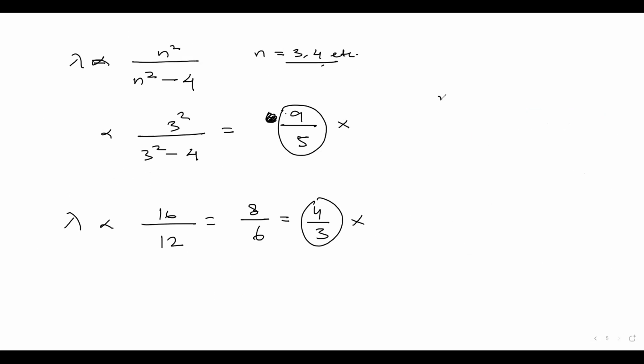So what we are saying is 9 by 5 x is equal to 4 by 3 y. No, this cannot be the same. There is some other number that we have to find, Rydberg's constant. I have not taught Rydberg's constant, but we can say that we are just here at the line spectrum.